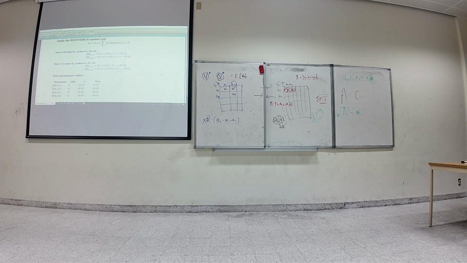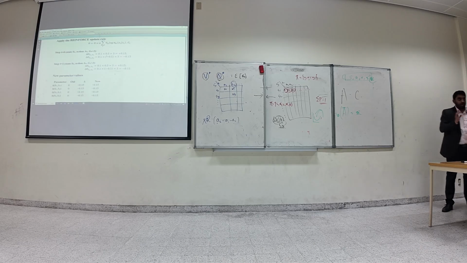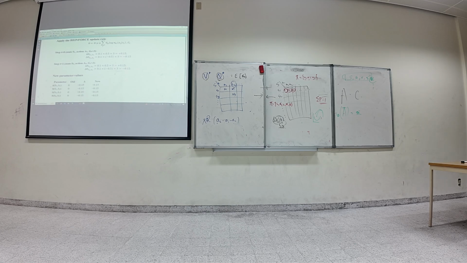Similarly, for A2 in S1, the second term would be 0.1, obviously the learning rate, but now the gradient is minus 0.5 and the return is obviously the same 3. So you get some other number. You do the same thing for S2A1, S2A2, and you get some values, some deltas. What was your probabilities? They were 0.5 and 0.5 for A1 and A2 in S1 and S2.